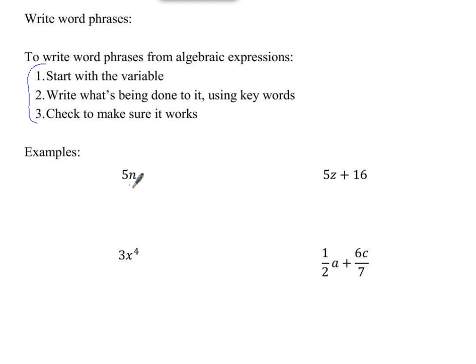So let's take a look at this. If you read that, what does it say? If you were just reading it, you would say 5n, right? But we mean 5 times n. So let's write that. 5 times, instead of writing n, I'm going to write a number.